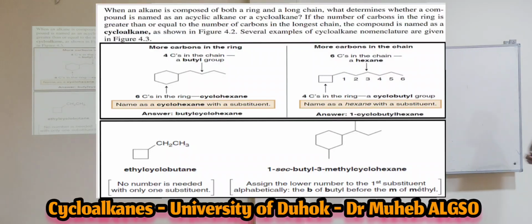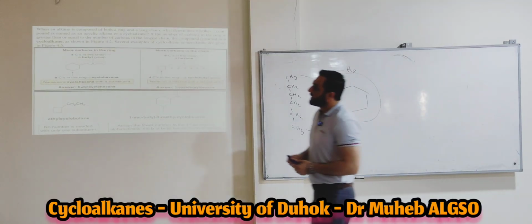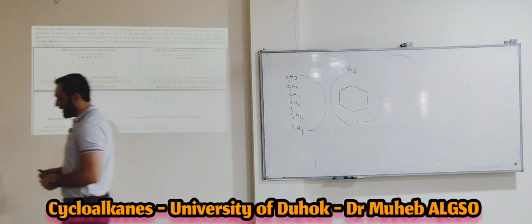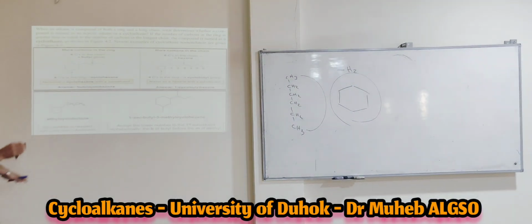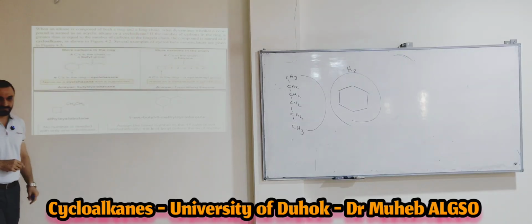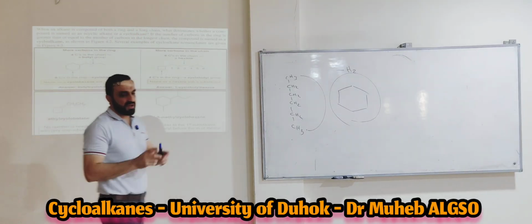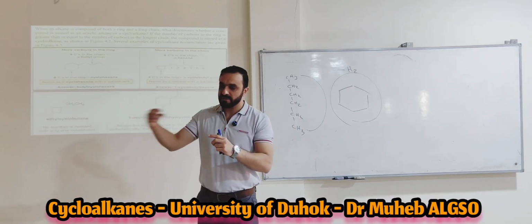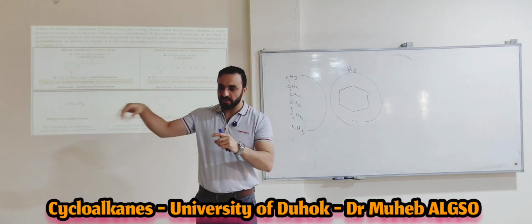So, this system, when an alkane is composed of both a ring and a long chain, that means we have a cyclic compound, but we have a substituent on the cyclic compound with an open chain.